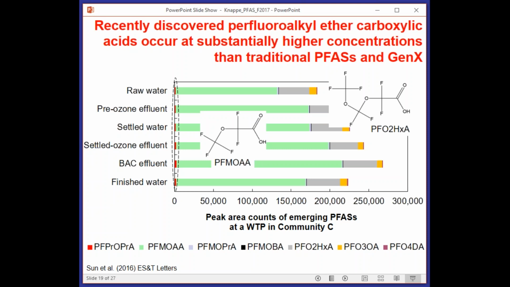And what this also illustrates is that the same advanced and conventional treatment processes had no impact on the removal of these other perfluoroether carboxylic acids in this water. So high concentrations of emerging perfluoroether carboxylic acids that could not get removed. Next slide.